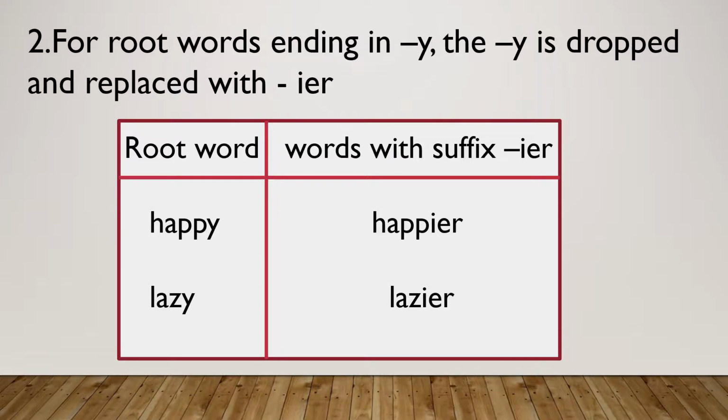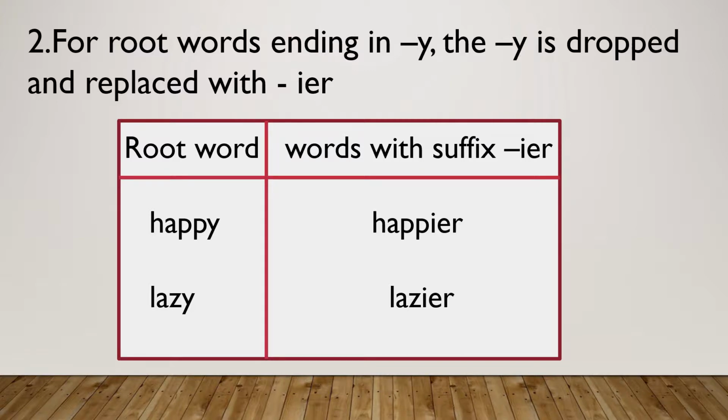Here the root words are happy and lazy. If we remove Y from happy, the word will be happier, because we have added IER at the end of the root word by removing Y.